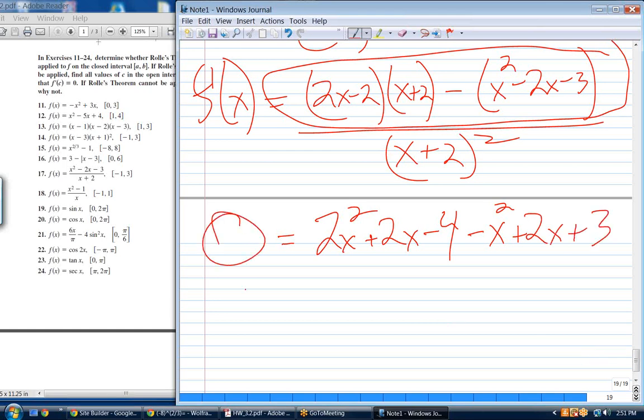So that we set to 0, and the reason I can ignore the denominator is the only way a fraction can be equal to 0 is if its numerator is equal to 0. This is the numerator, so what does this simplify to? We got x squared plus 4x minus 1.